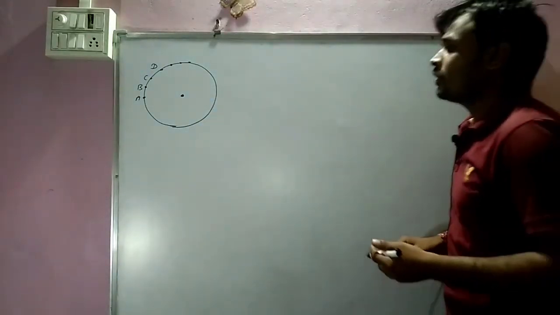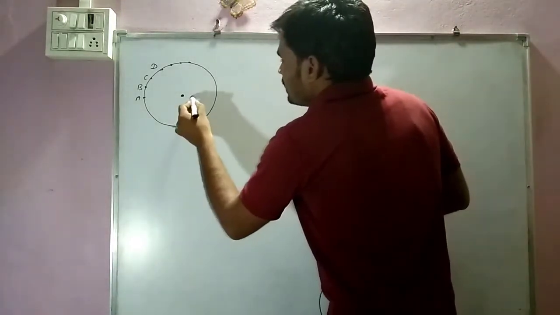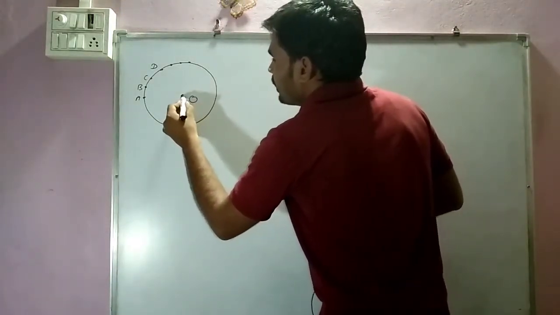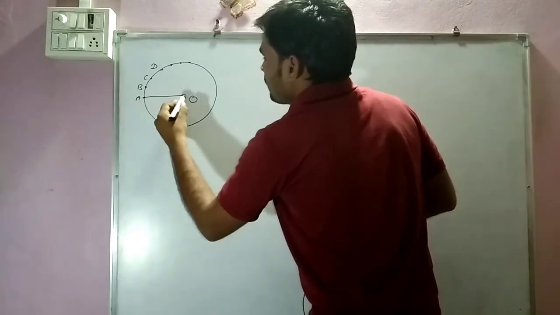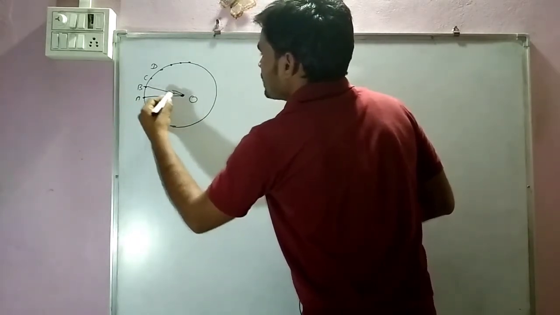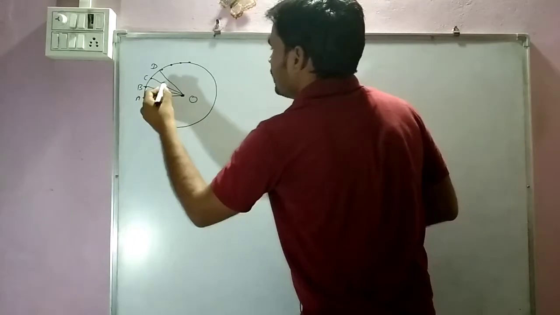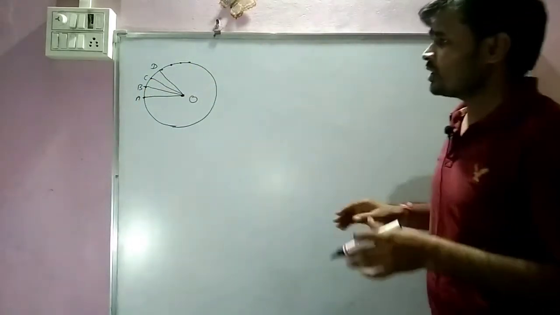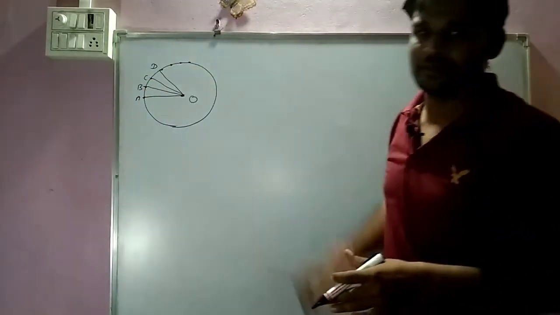Now, when we see from this fixed point the distance of A, distance of B, distance of C, distance of D, etc., these distances are all equal.